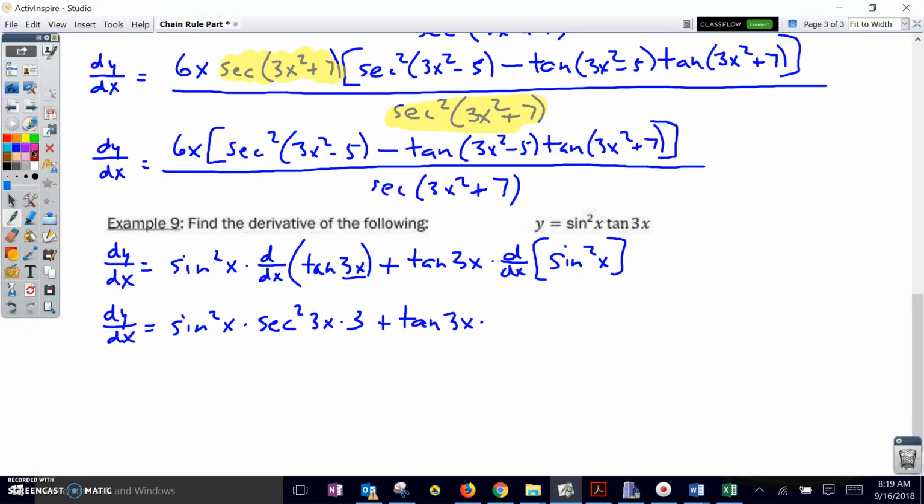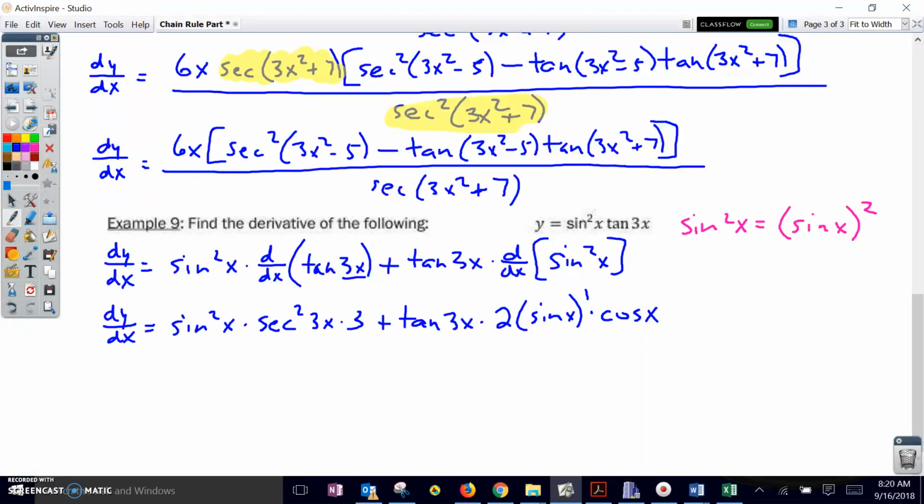It's important that you think about sine squared of x as the quantity sine of x raised to the second power, because then when I apply the chain rule to this, the exponent is the outside function, so I take the derivative of the outside, leaving the inside the same. It becomes 2 sine of x to the first, times the derivative of the inside, which is cosine of x.